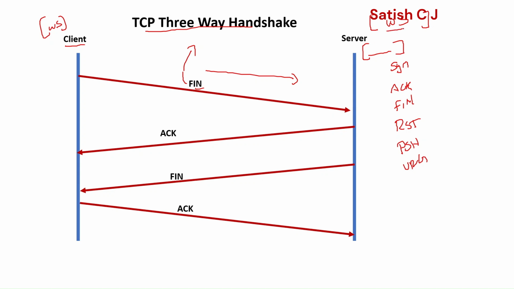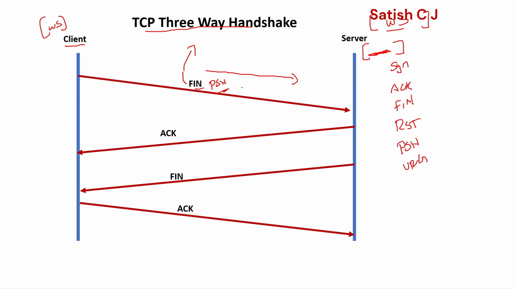So how many bytes I can buffer, that is the window size. When I have a push flag set to 1, it means push the data in the buffer to the application. It is like clearing the buffer and pushing the data to the upper layers. So when you send a packet with the push flag set to 1, it means push the data in the buffer to the upper layers.